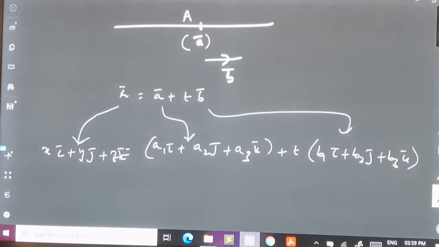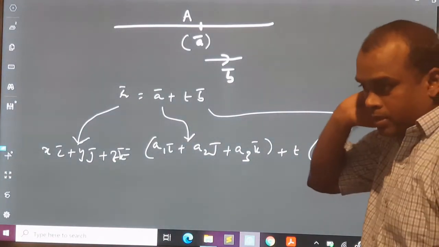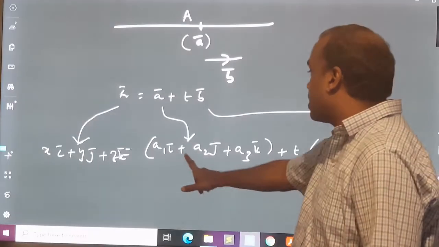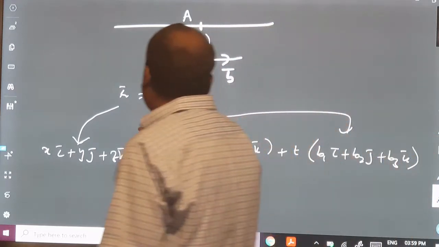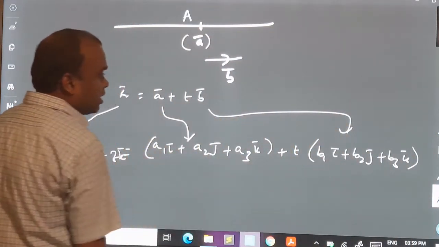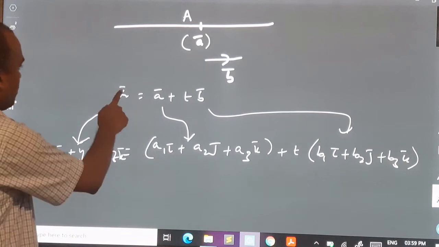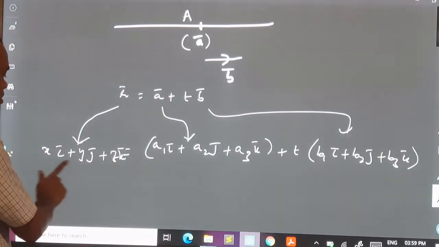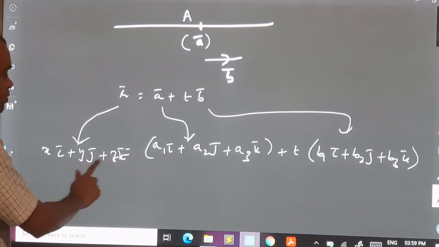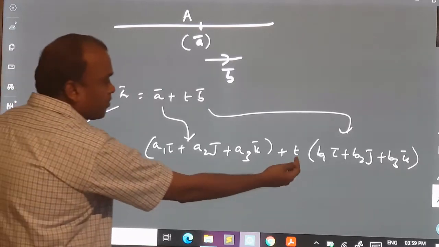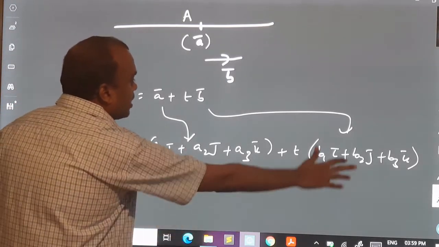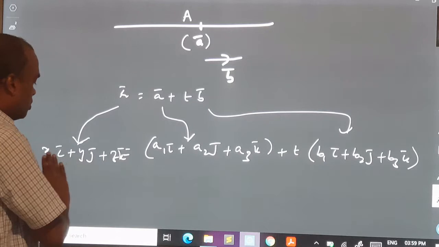So what did I tell you? If the basis vectors are i bar, j bar, k bar, and A bar and B bar are represented like this, your R bar can be represented in terms of the varying quantities x, y, z. You keep giving different values to t, and you keep getting different points.